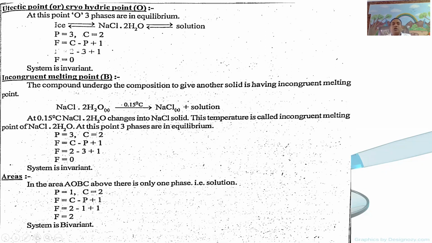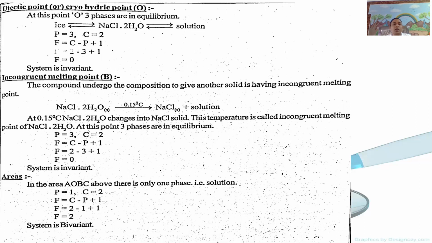It means at constant temperature and constant composition only, the three phases of the salt water system exist in equilibrium. At the eutectic point or cryohydric point, the temperature is minus 21 degrees centigrade, and the composition is 23% of sodium chloride.